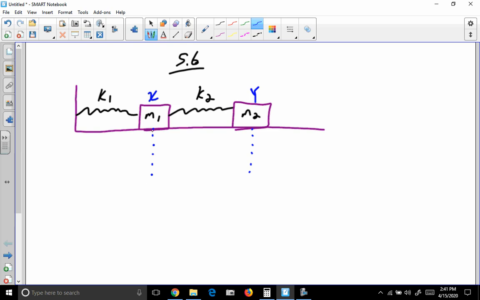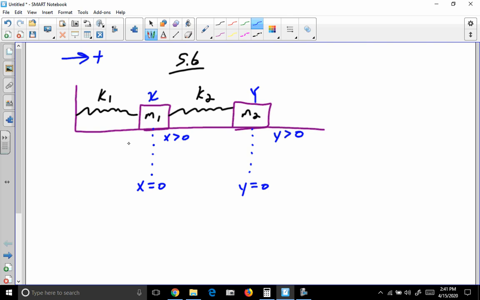Here is the equilibrium position, where x equals 0 for the first mass, and this is the equilibrium position for the second mass. We're going to call to the right positive. So if this mass is to the right over here, x is positive. If this mass is to the right here, then y is positive.